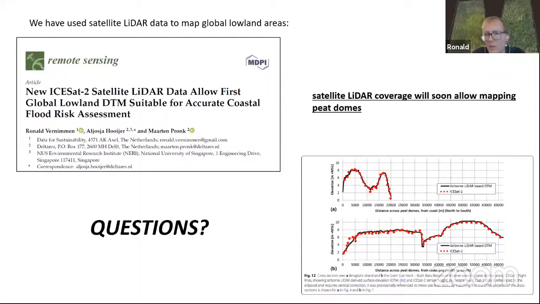Earlier, we did some analysis on the accuracy of this peat map, also the Wetlands International map, which was packaged by Wetlands International, but of course an older version of the BBSDLP map, where we found that the peat extent was pretty accurate, but the maps were underestimating the peat depth.